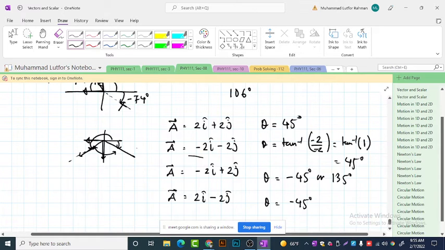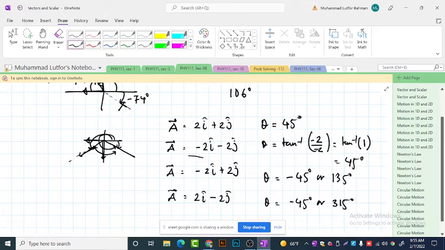It's a clockwise direction, that's why I can say the minus 45 is absolutely right. Or you can write down 315 degree. This angle, 315 degree.